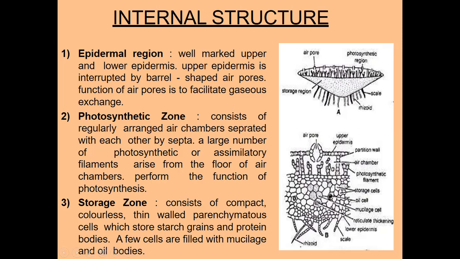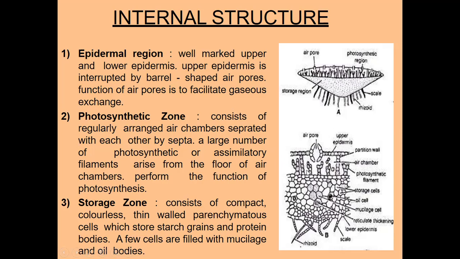The epidermal region consists of a single layer of epidermis with pores. In the morphology, I told you the thallus has small openings, which we call air pores. That is observed in the epidermal region.